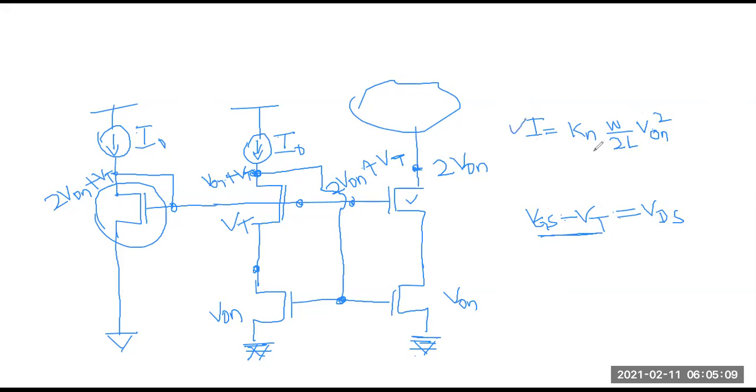To keep the same current, what will we do? 4 times L. You have to divide by 4. So this will be Kn W by 8L, into 2V on, 2V on whole square, which is 4 V on square. Okay, clear?